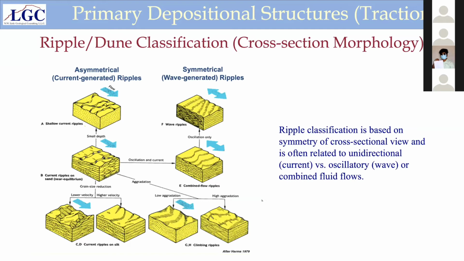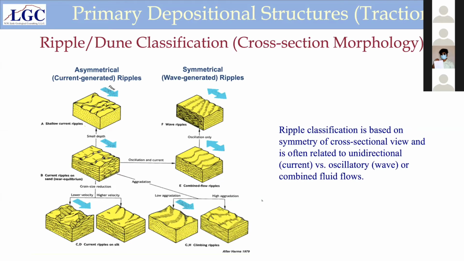But as you go down and move to the right, we actually have a significant range of asymmetrical ripples, whereas the symmetrical are a little bit more confined. So asymmetrical means that there is a gentle upcurrent side and a steep downcurrent side to the ripple. The symmetrical ripples, both sides tend to have about the same inclination.